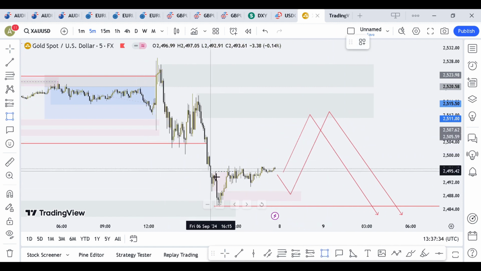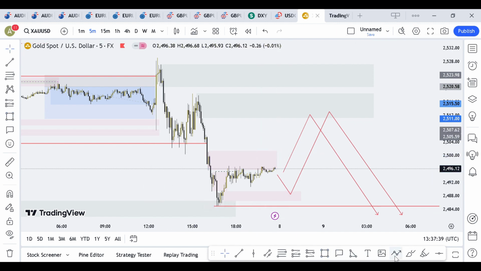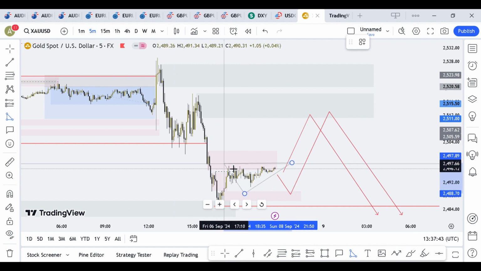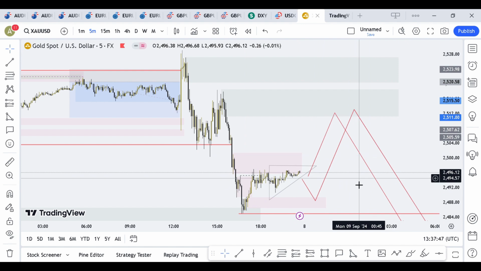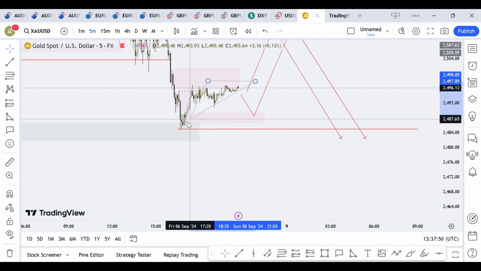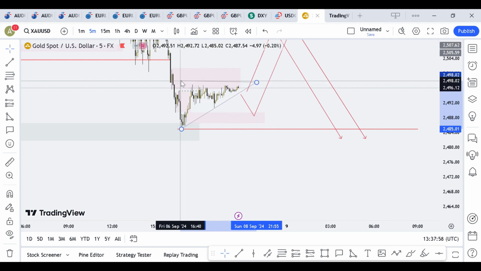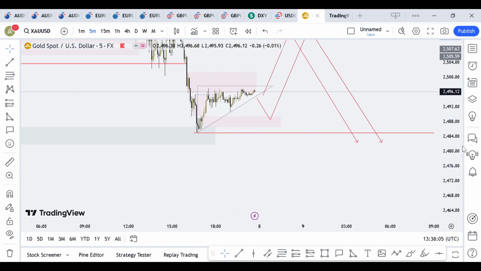Let's mark off this supply, yeah, like that. Another thing is something that I love, which is a triangle, which I'm seeing right here. Let me draw that correctly for the sake of OCD and accuracy. So that's what I'll be expecting on gold.